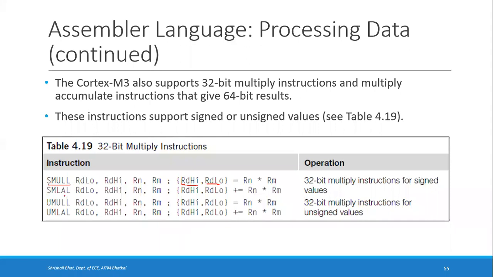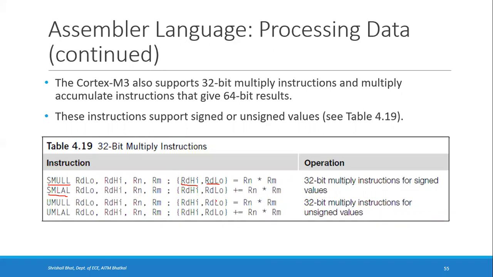Then what does MLA stand for? MLA stands for multiply and accumulate. You can have MLA for normal 16-bit multiplication and storing it in a 32-bit register. But if you use SMLAL or UMLAL, it indicates multiply and accumulate for long numbers. That means you are multiplying Rn with Rm and adding that product to the contents of RD high and RD low.